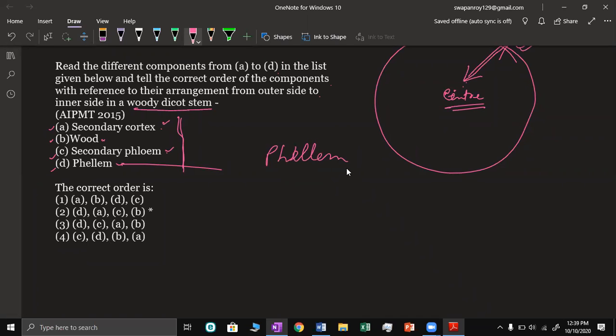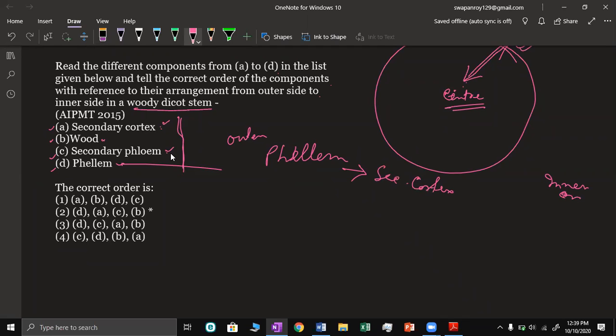Next, this is the outer side, and we are going to the inner side. After phellem, then will come the secondary cortex.